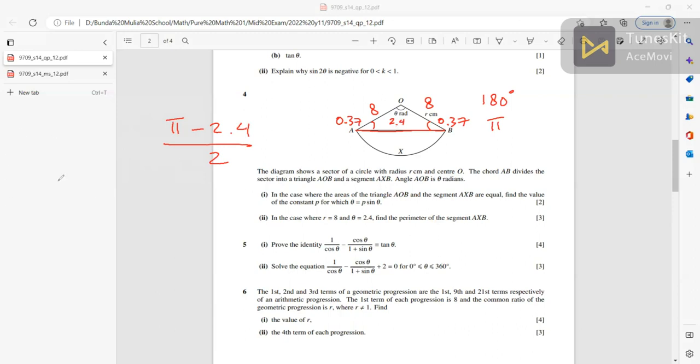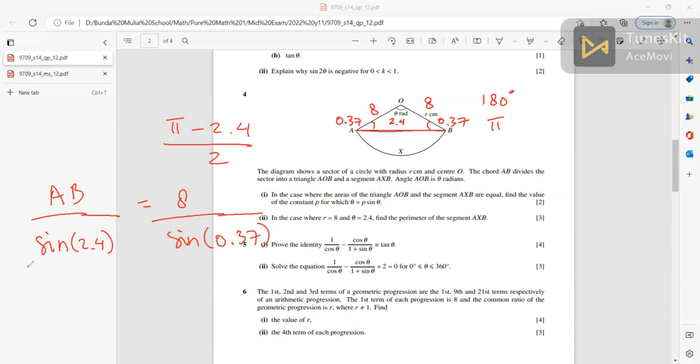We can use sine rule to find the AB over sine 2.4 equals to the R. The R, it is 8 over sine 0.37. And from here, we can find the AB.